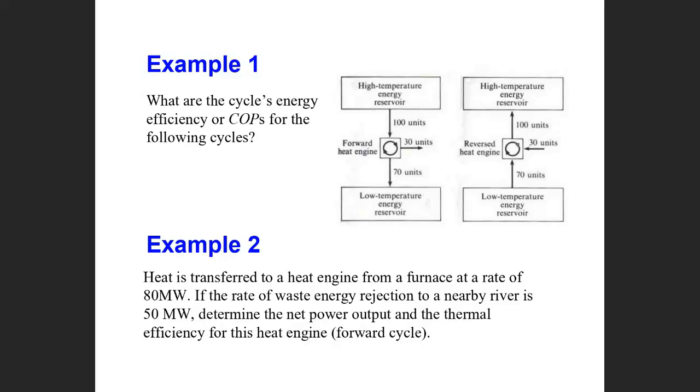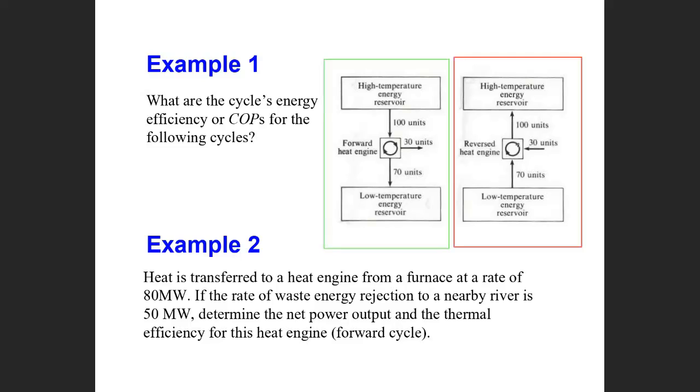For the question, firstly you need to know if it is a forward or reverse heat engine, what the expected output is, and what the required input is. Read the question and do the calculation by yourself for 5 minutes.